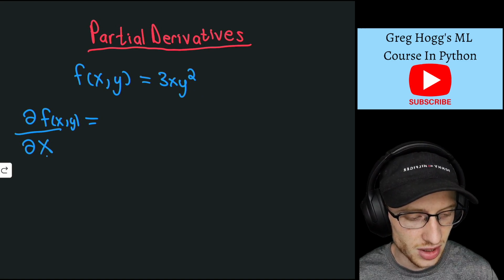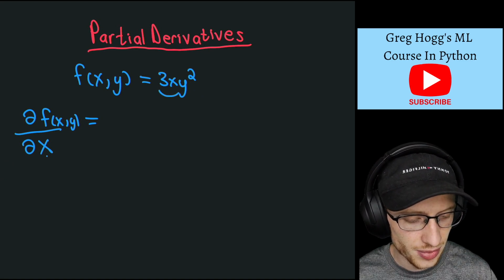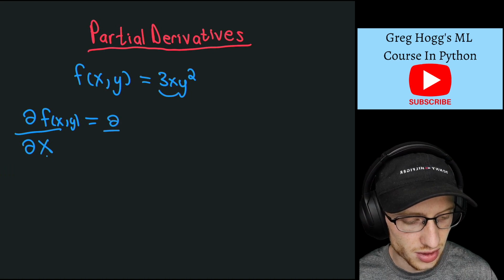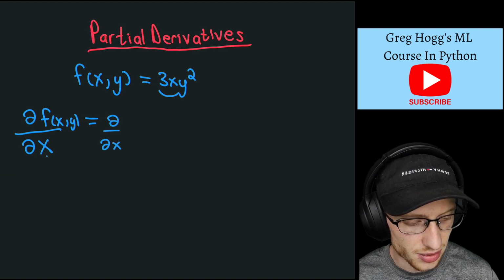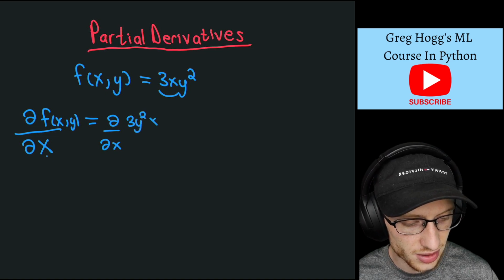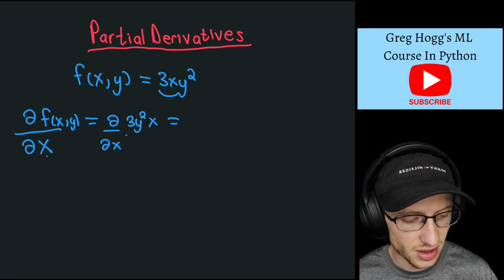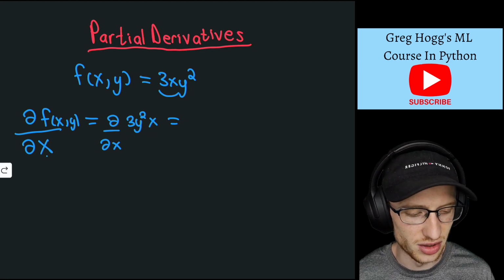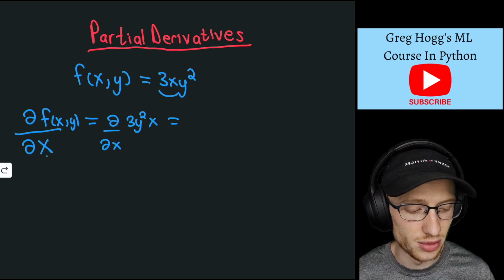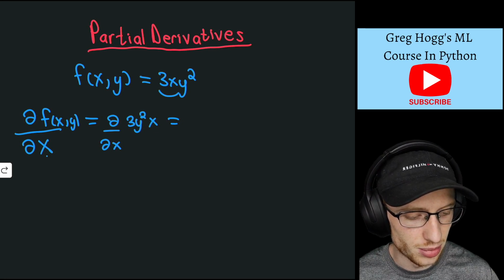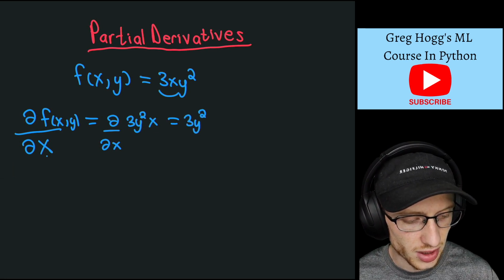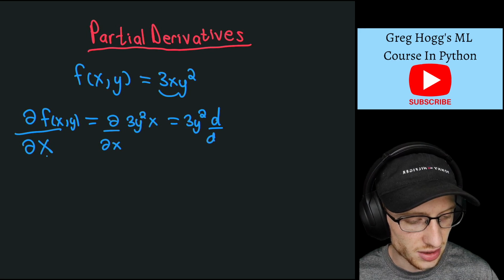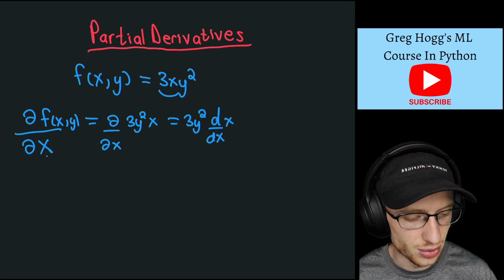And so I could move that in front, and really it's the derivative of 3y squared times x. If this 3y squared, well, if y is a constant, then y squared is still a constant, and so the constant rule still applies. This is quite simply 3y squared times d by dx of x, which we know is just 1.